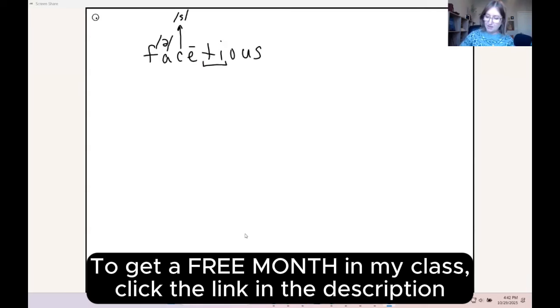This TI says shh, because that's what TI says when it's toward the end of a multi-syllable word and there's a vowel after it. OUS is a common suffix that says us. You don't hear the O, you do hear the short U. This and this we just went over in my spelling class, so that'll be a nice repetition for you.